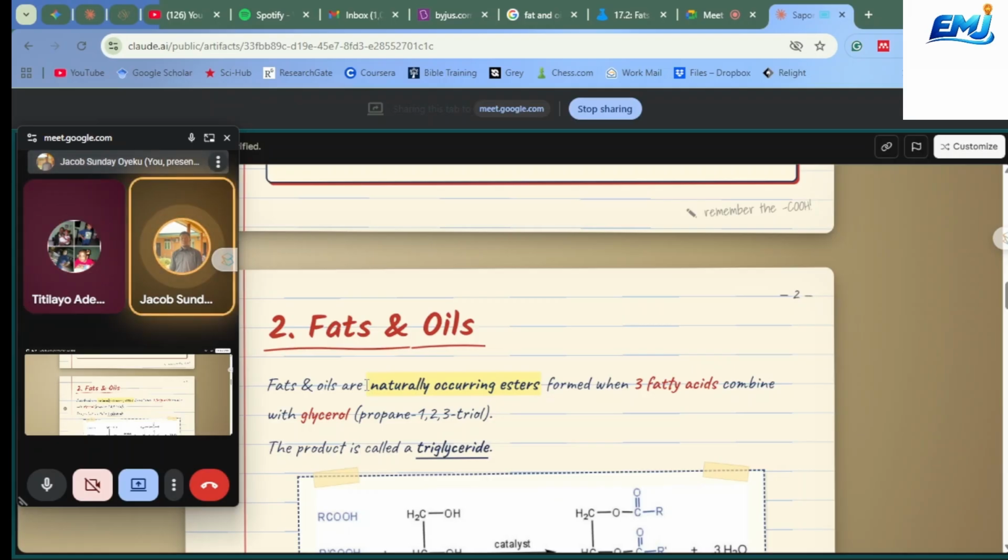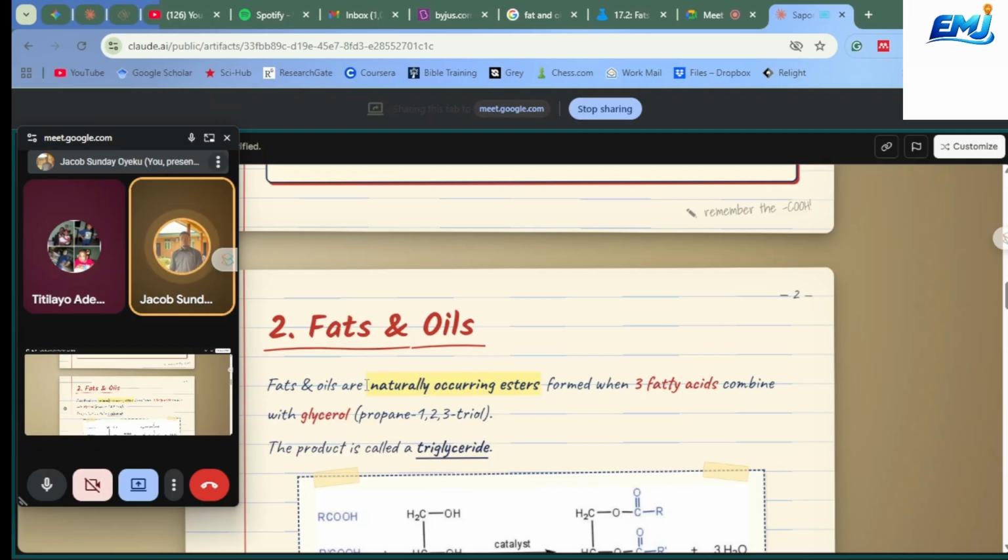Number two, normally esters are formed by the reaction of carboxylic acid and alcohol. So what is peculiar about fat and oil, which are esters, is that in their case, it is 3 carboxylic acids that are reacting with one particular alcohol.